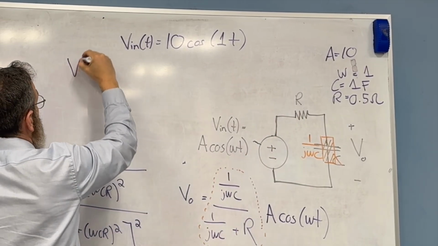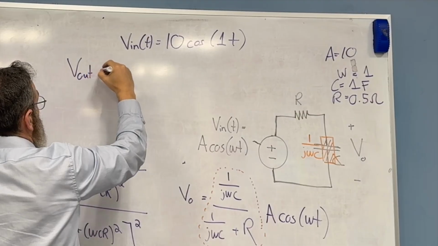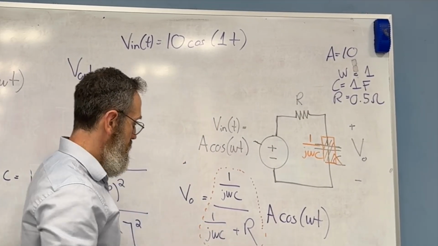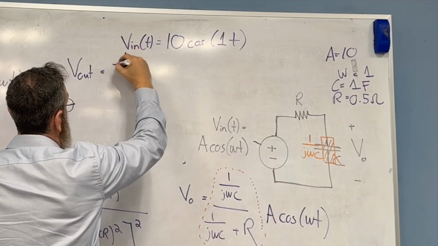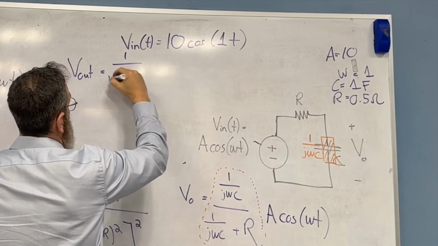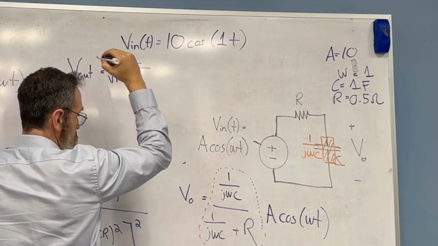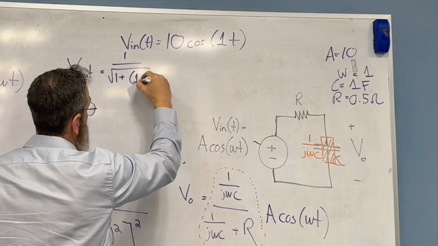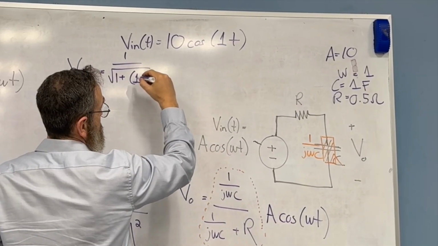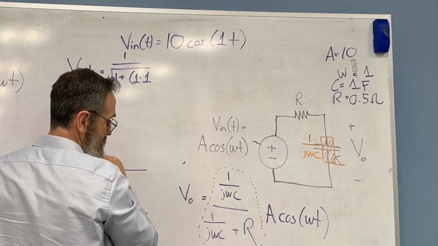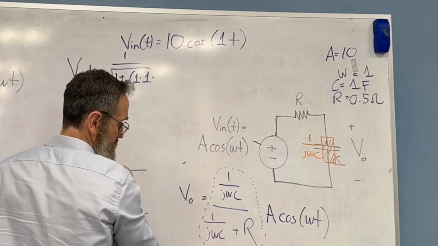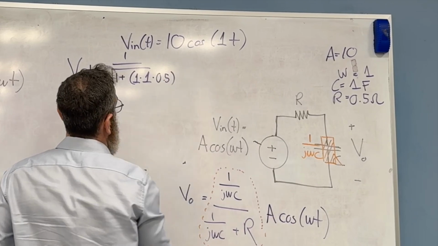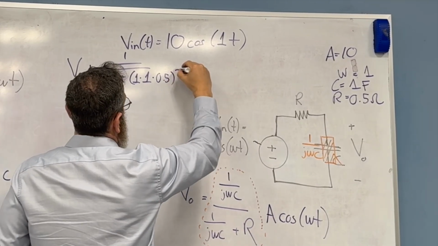So then what is V out? Well, V out is given by this equation here. We kind of figured it all out. So it's going to be 1 over the square root of 1 plus, and then we have to multiply. Frequency is 1, capacitance also 1, resistance is 0.5. We're going to square that.